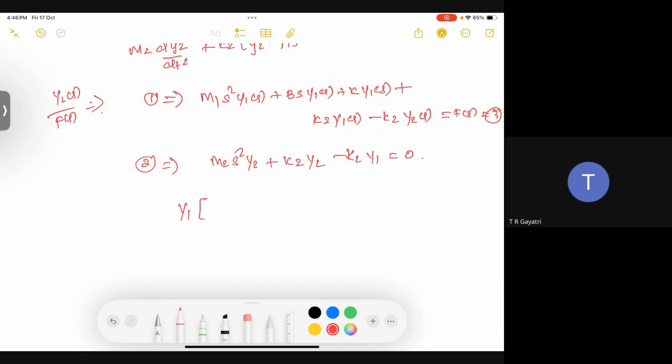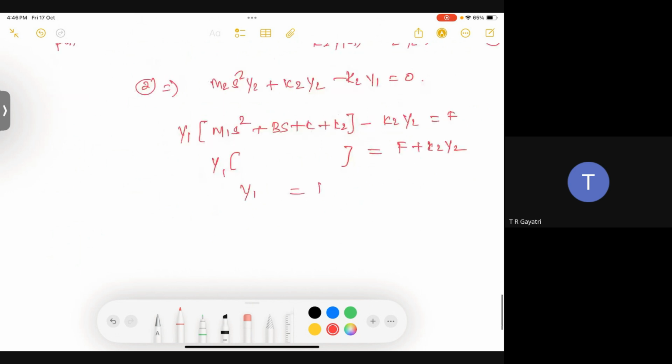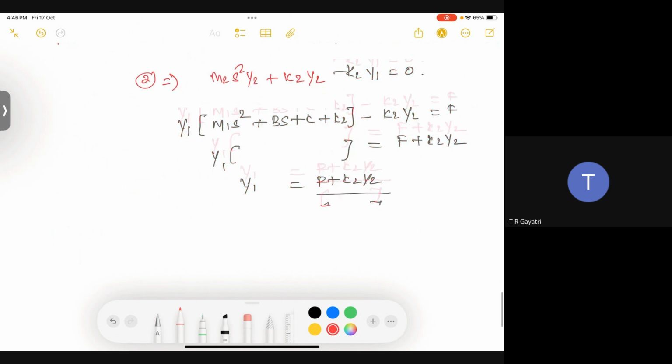So keeping y1 constant, m1 s squared plus bs plus k plus k2 times y1 minus k2 y2 equals f, so y1 will be equal to f plus k2 y2 by the whole term.